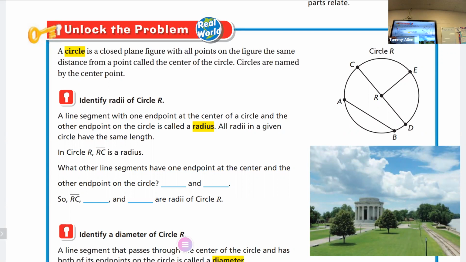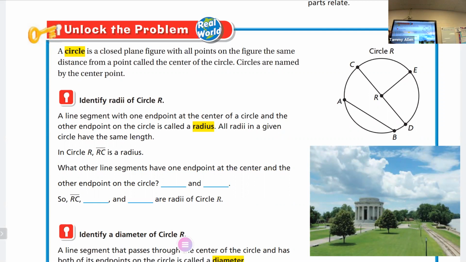In other words, here's the center, all these points are the same distance from the center. They're all connected, on the flat surface. Circles are named by the center point. So what would this circle be called? Circle R, because the center is R.